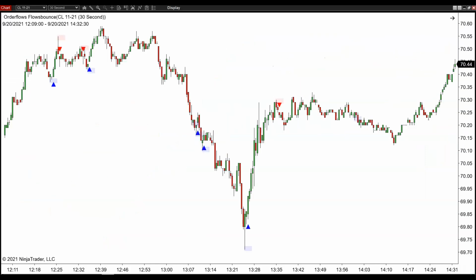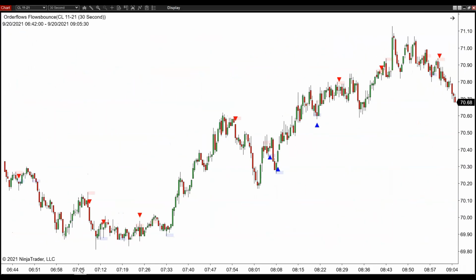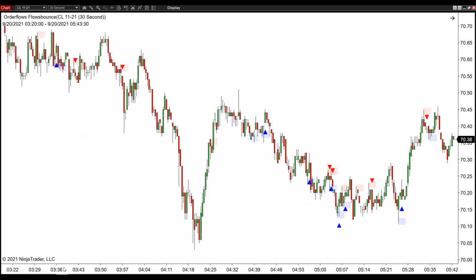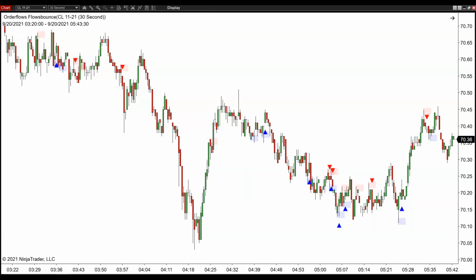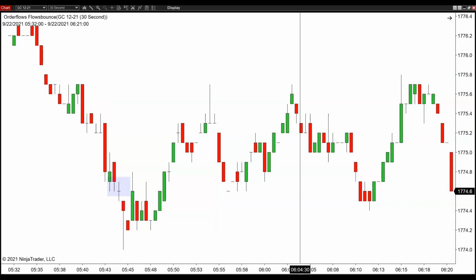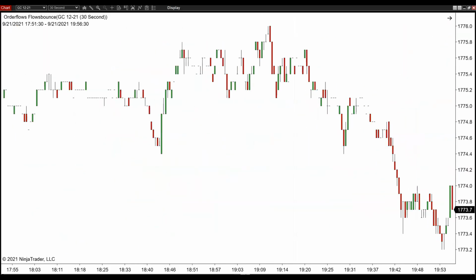Obviously the U.S. session is the most active session, but the European session is active in a lot of markets, right? Certain markets trade a lot during the Asian session. Aussie dollar trades a lot during the Aussie hours, Japanese yen, even gold is very active during the Asian sessions.